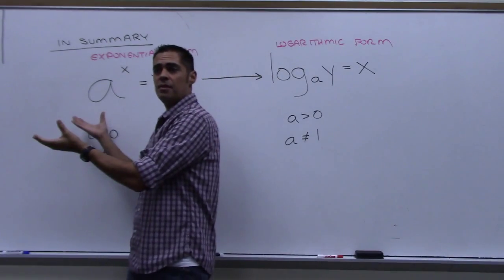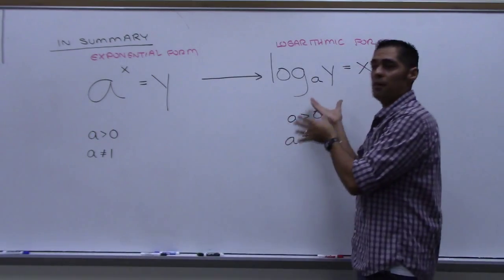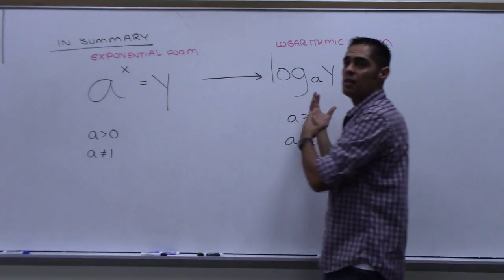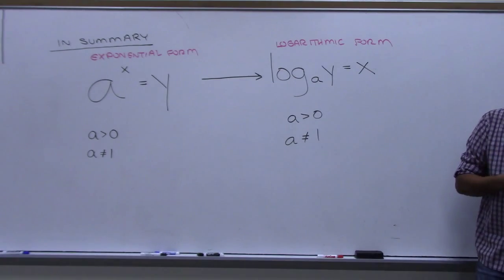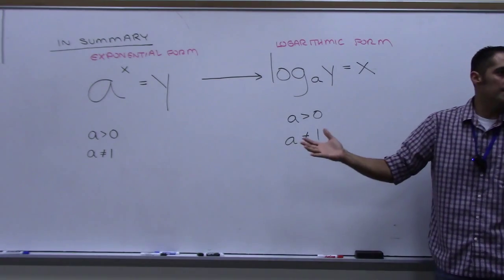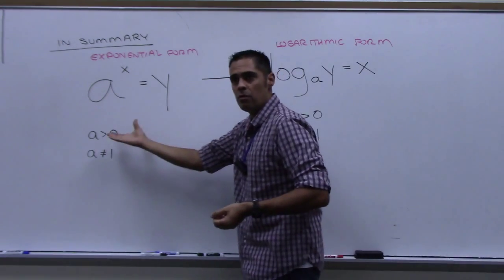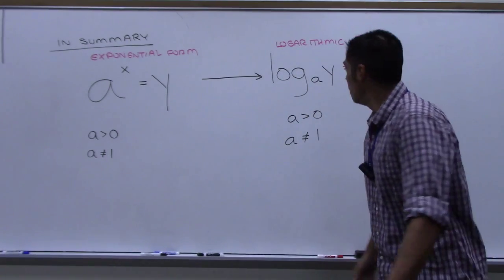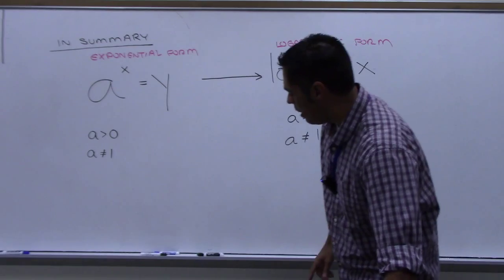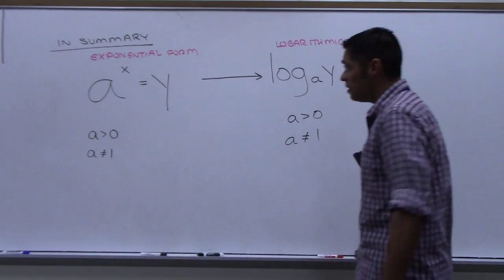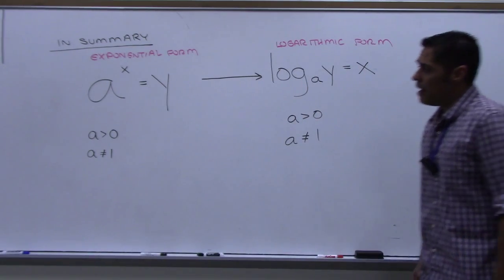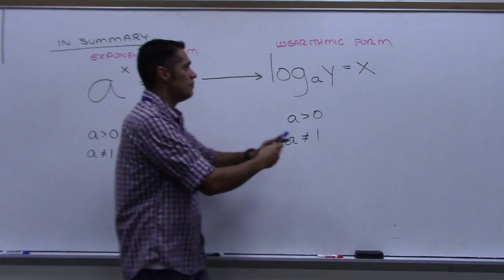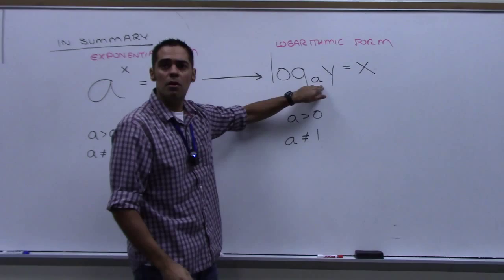If someone gives us this, it really means this, and it goes the other way around. So it's the same idea written two different ways: exponential form and logarithmic form. Understand? Okay. So I'm going to point something out. Another thing that I think is very important is that if you're trying to go from exponential form over to log form, what will the base of your log always be?